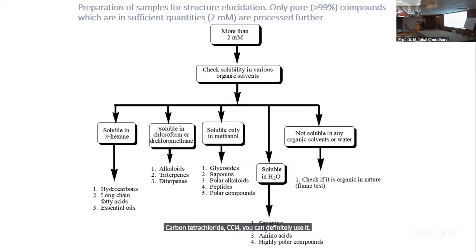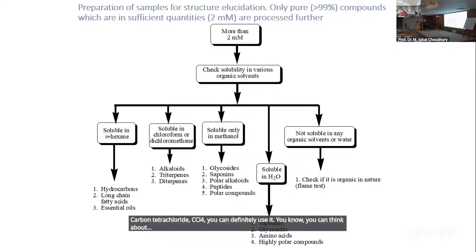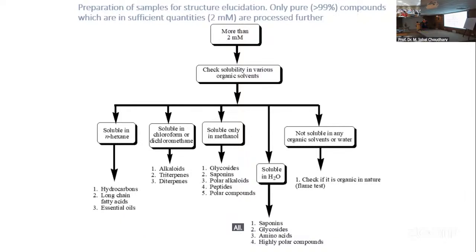Think about it: you are taking 1 or 2 milligrams of your sample and 0.5 ml of solvent. So in the solute and solvent ratio, which one is higher? The solvent.